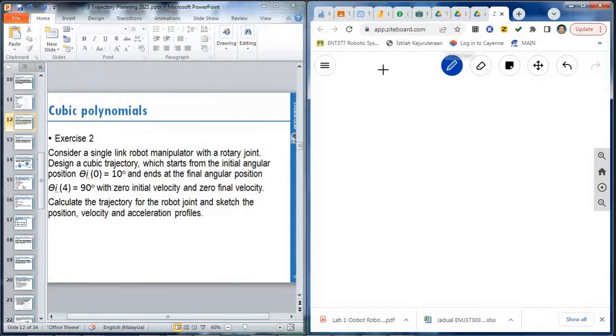Okay, so the question said that you have a single link robot manipulator.